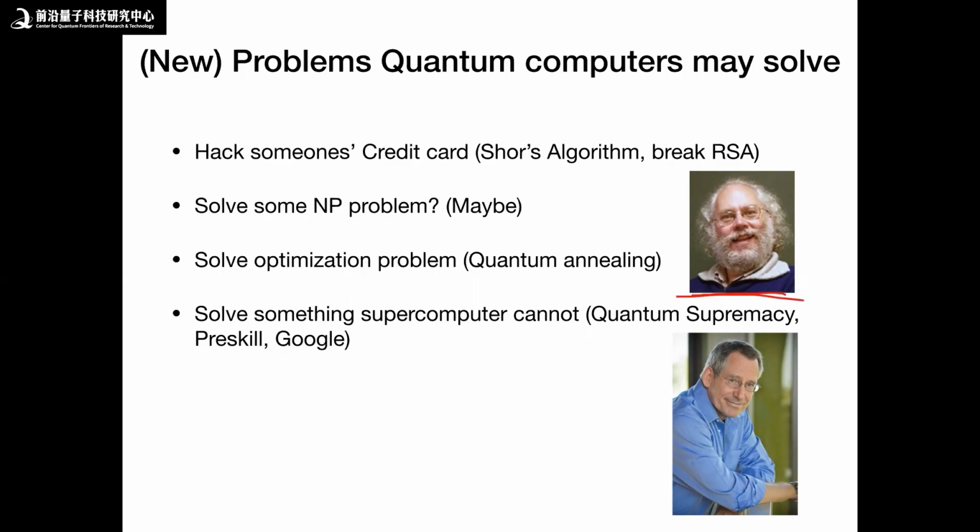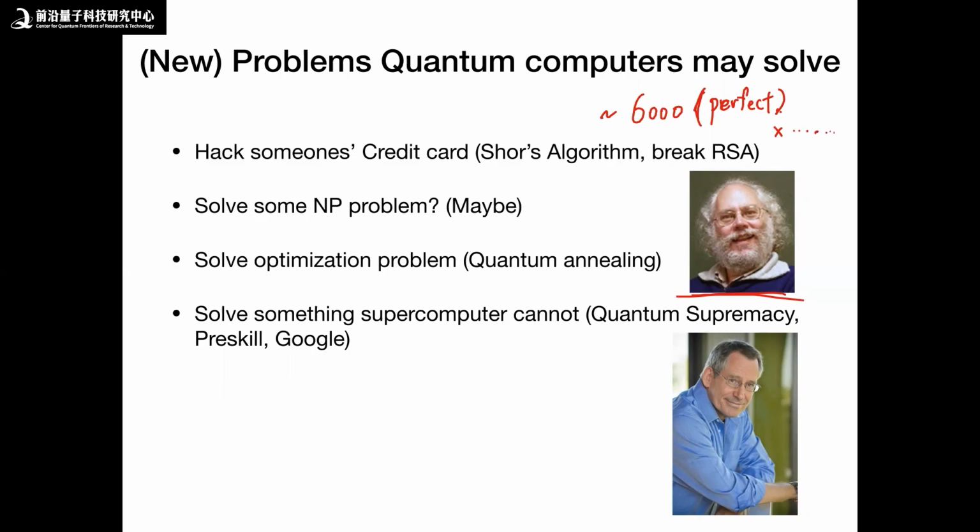It's going to break RSA using about 6,000 perfect qubits. This is an estimate. Perfect means you have appropriate error correction, which we don't really have. So we're going to use a lot more physical qubits. You have to multiply this by some overheads, which is a lot.